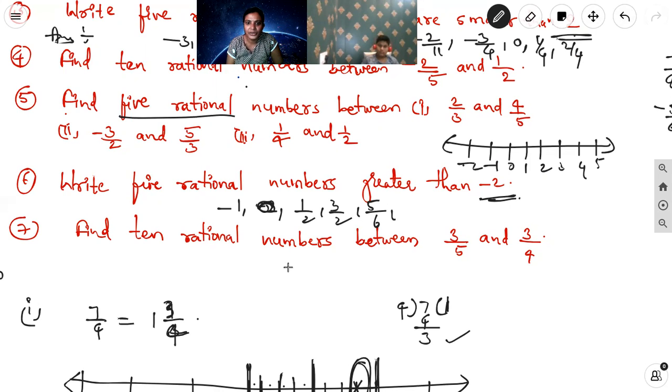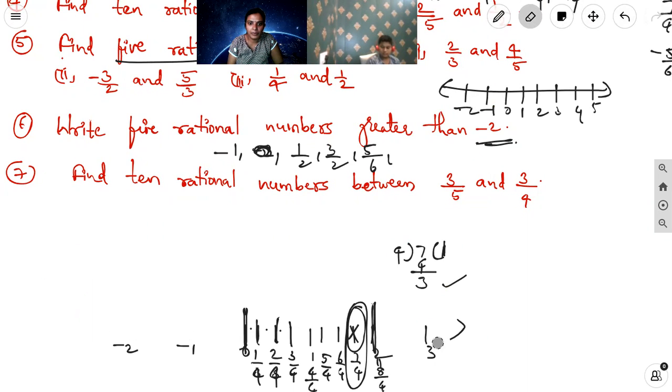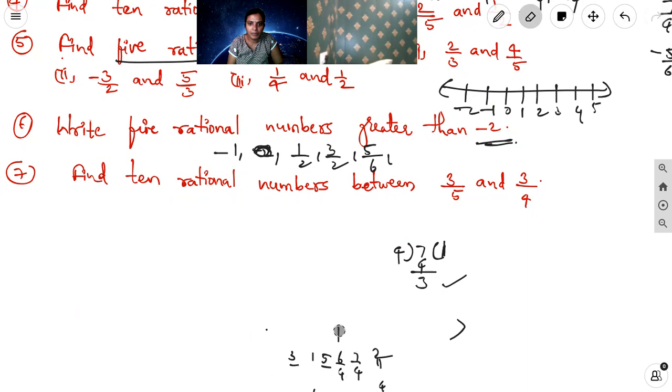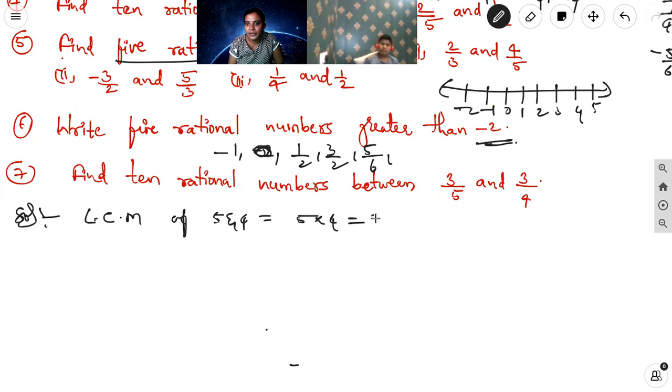Next, find 10 rational numbers between 3 by 5 and 3 by 4. Seventh solution. Find 10 rational numbers means again taking the LCM of 5 and 4. 5 is a prime number, so 5 4s are 20.